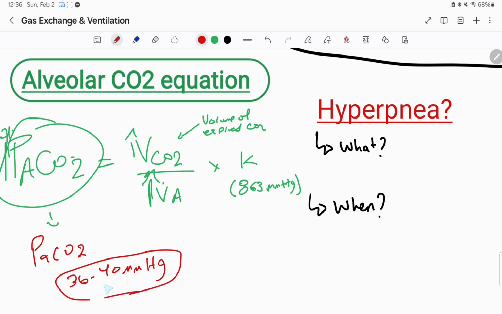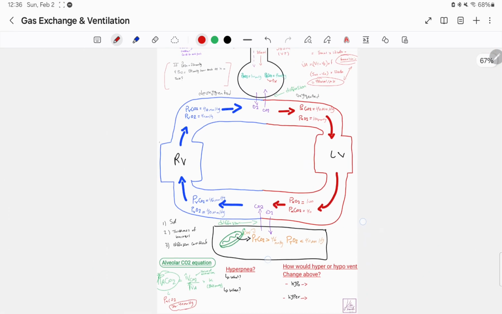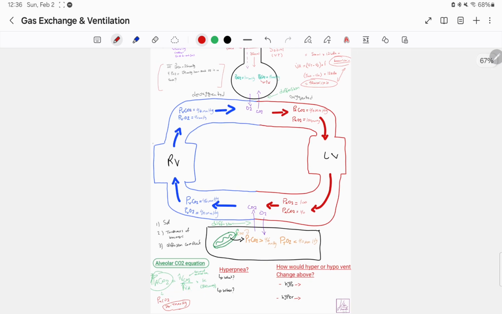Anything higher or lower than this indicates hypo or hyperventilation, which we'll talk about in a second. It's very tightly regulated, and if it goes up, your body will adjust accordingly by changing your ventilation. Awesome. So that's that with regards to this equation.